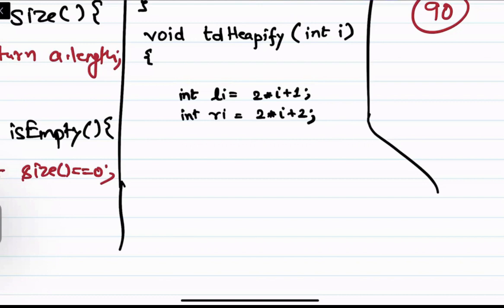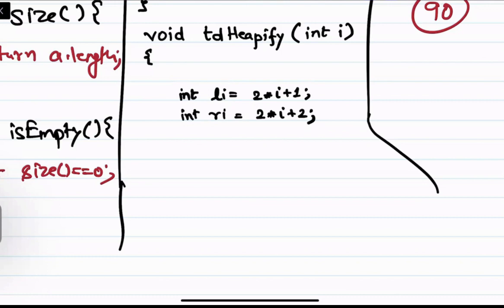If A of Li is maximum, you will swap A of I with A of Li and you will continue heapifying the left index. Is that correct? Otherwise, if right index is maximum, A of I will be swapped with A of Ri.